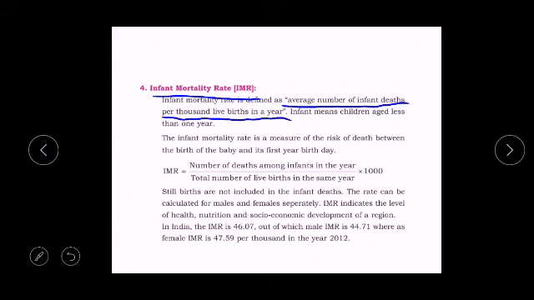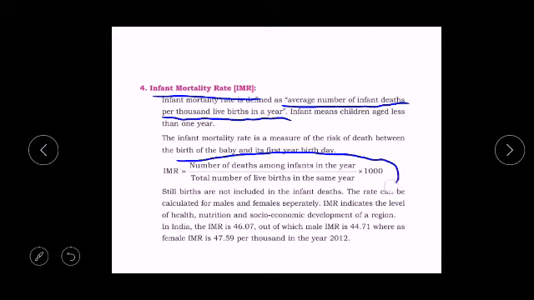So here total population is not taken, instead total births are taken. Out of total births, how many infants died within 1 year.